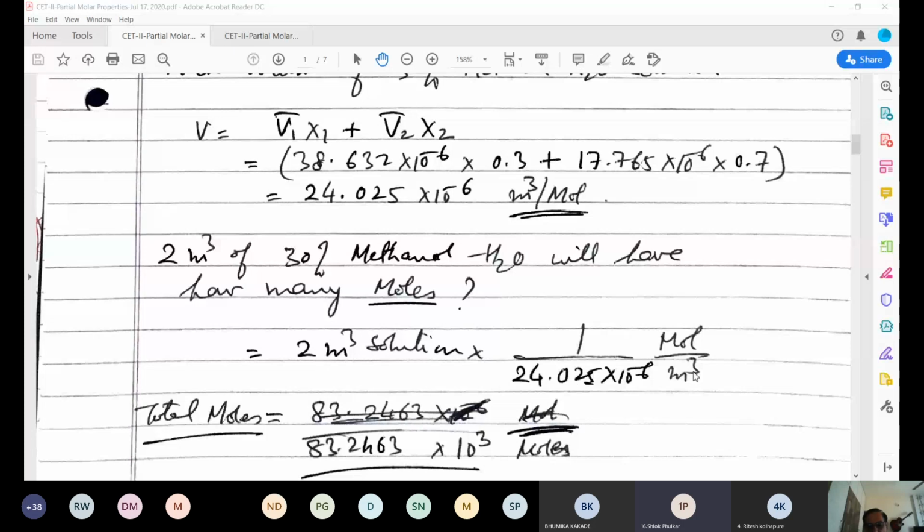Did you get it? We got the total moles. Now we know the solution is 30% methanol in water. So 30% of the moles will be methanol, 70% will be water. Find out how many moles of methanol will be required to make that 2 cubic meters solution, and how many moles of water will be required.